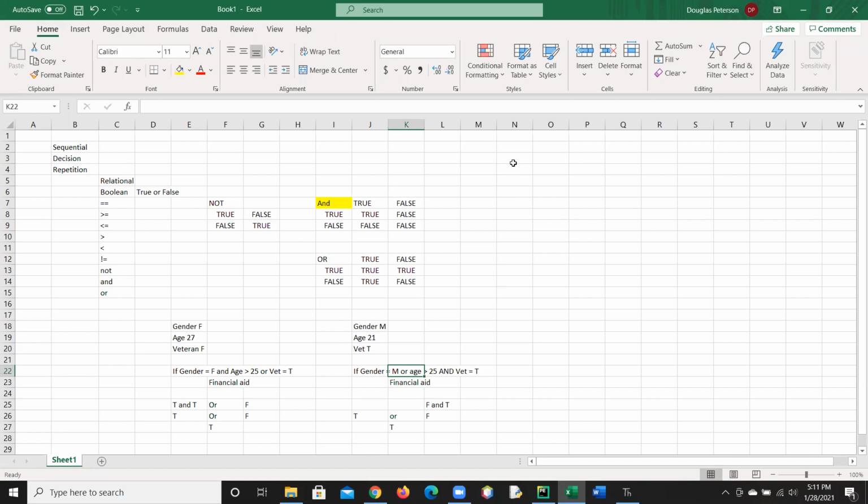So what if I told you this? Let's see here. If you needed a program to find all female students that are taking computer science 145 that are sophomores.